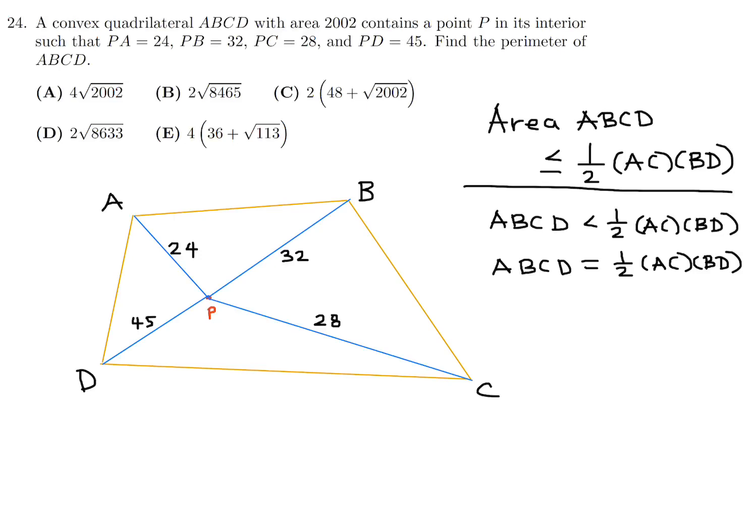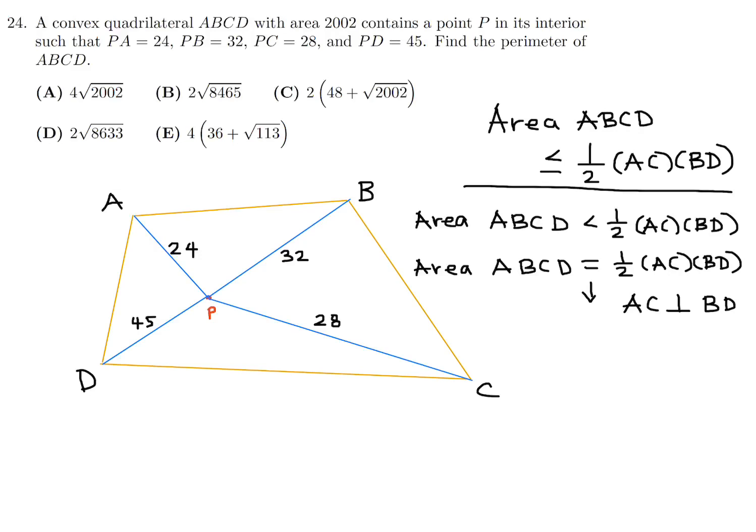And if it is equal, if ABCD, the area, I'll put area in there, if it is equal to 1/2 times AC times BD, that means that the two diagonals, AC and BD, are perpendicular to each other if the area is equal.